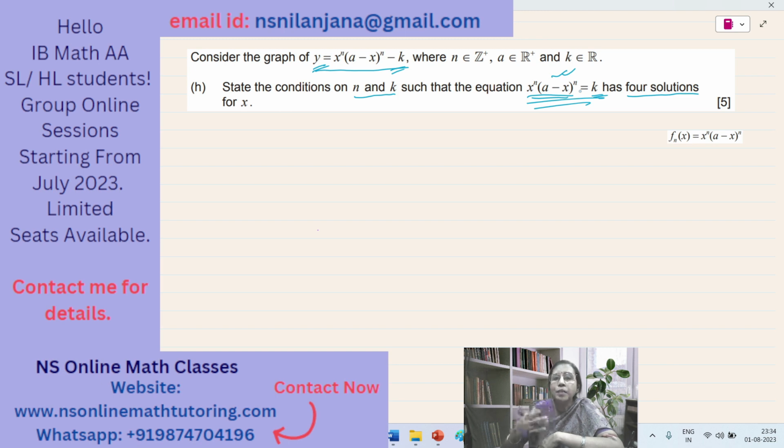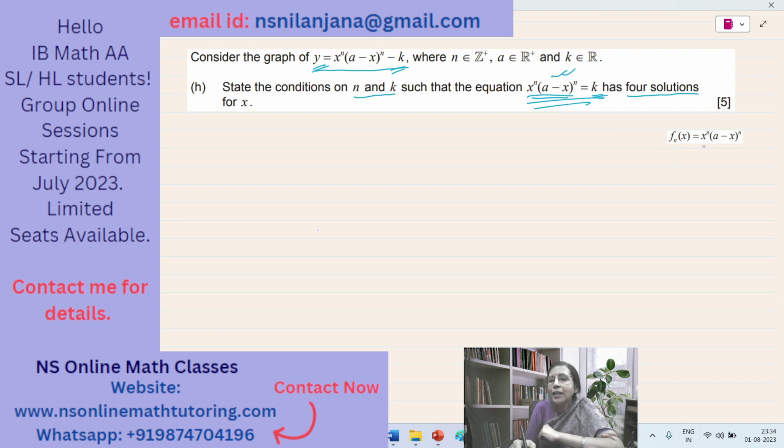If k is a positive number, then the graph will be translated down. And if k is a negative number, then the graph will be translated up, just the opposite. Okay, because of this minus sign.